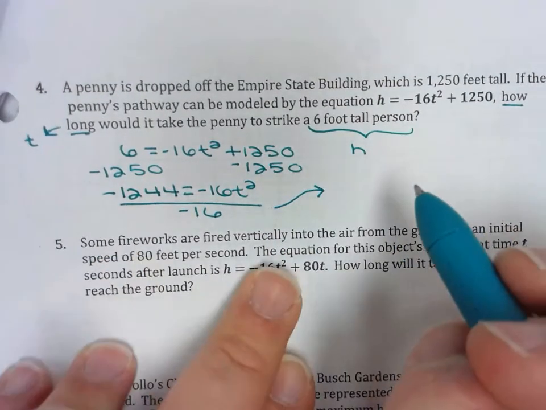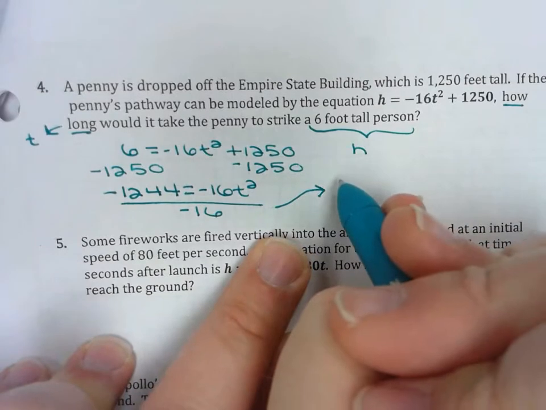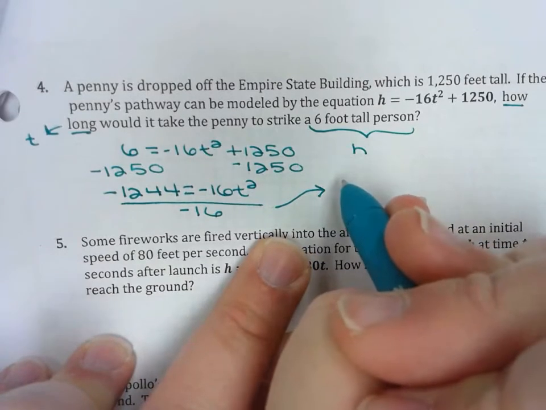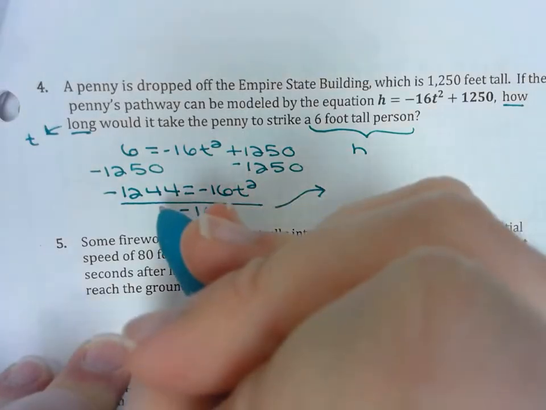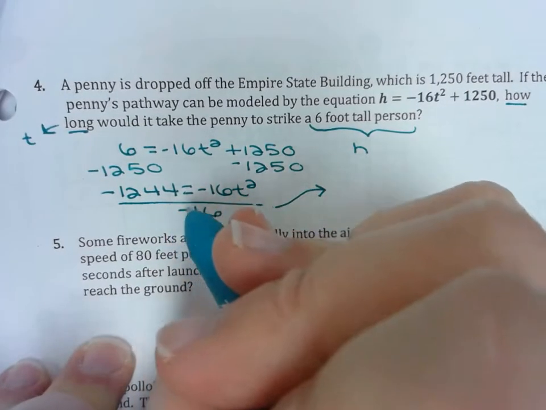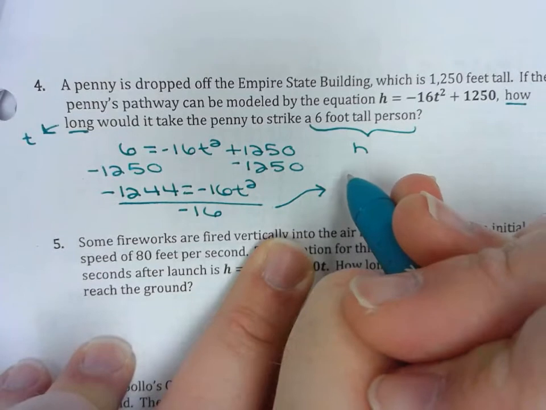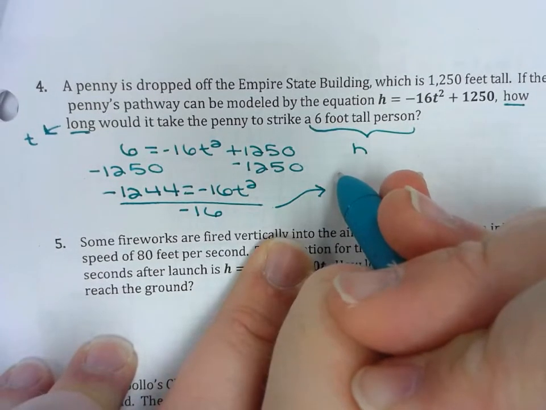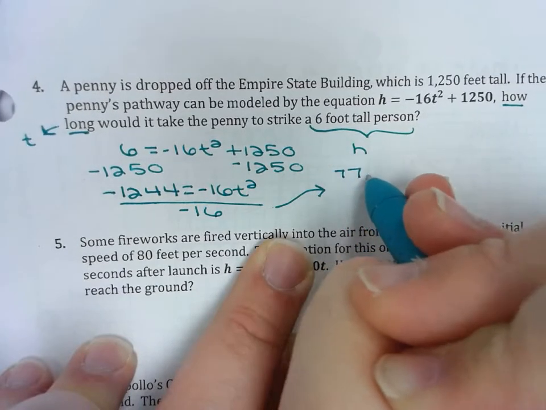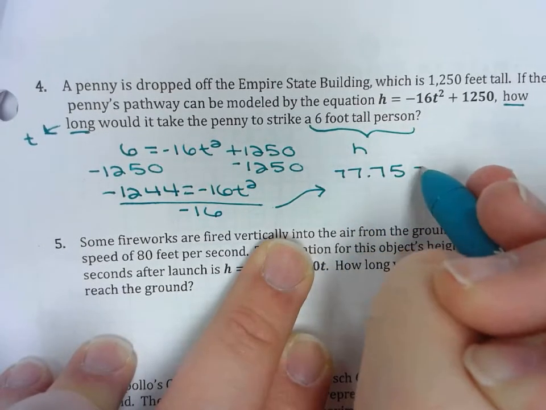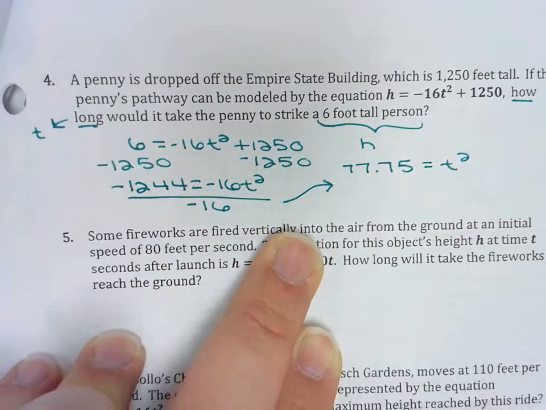Just give it a decimal. Do decimals with these. Dylan, pay attention. Negative 1,244 divided by negative 16. What is it? 77.75 equals t squared.